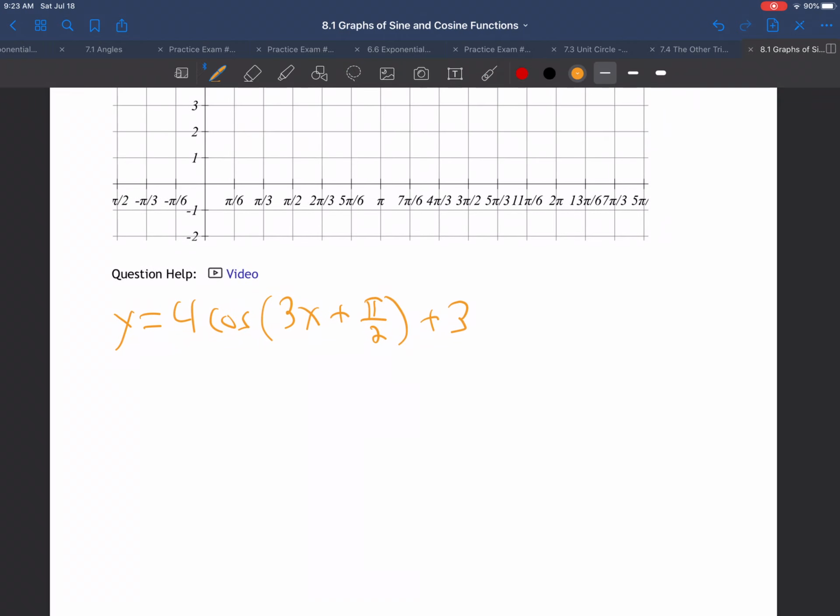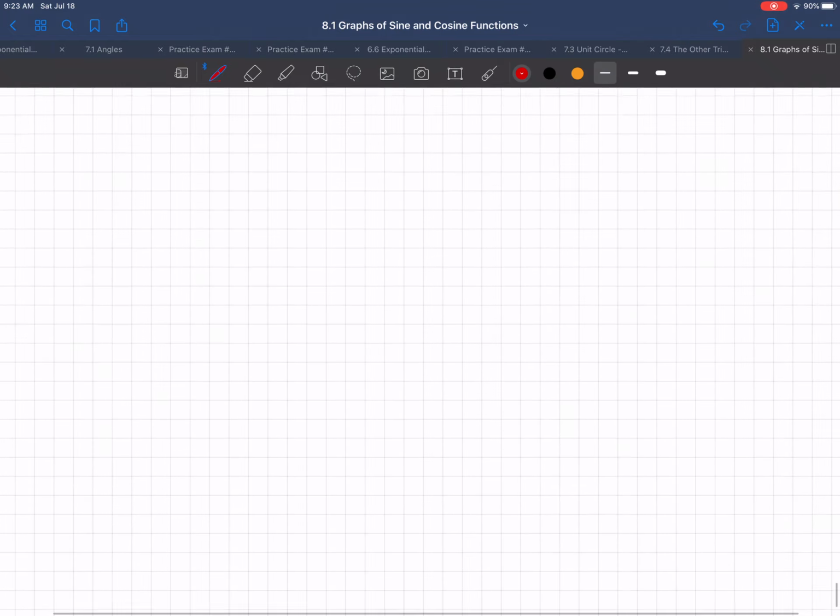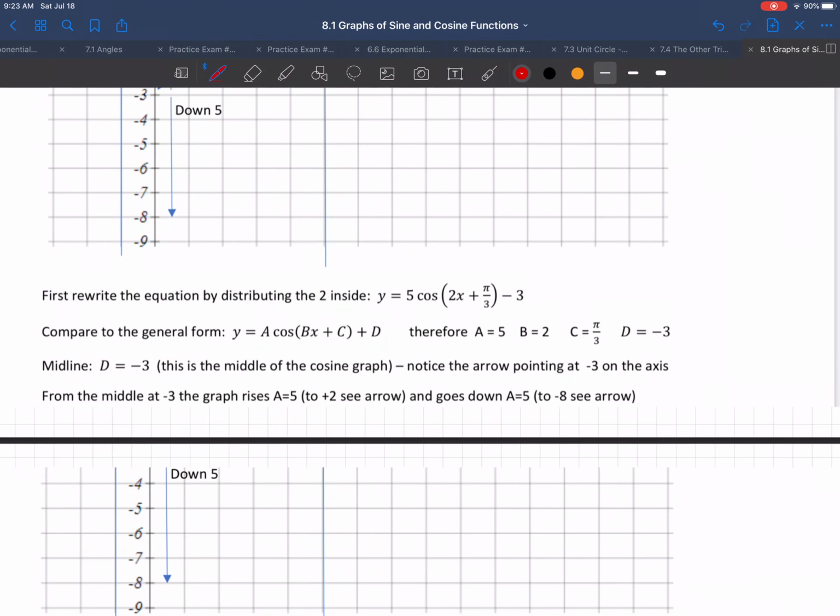So the general form is y equals a cosine or sine bx plus c plus d. So we can easily tell what a, b, c, and d are now. Next step, find the midline, which is the d. D is the middle of the graph.